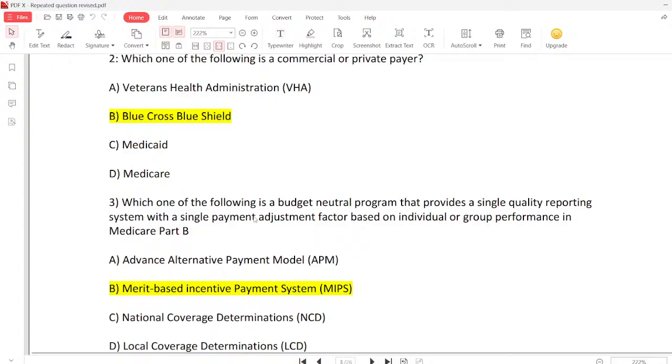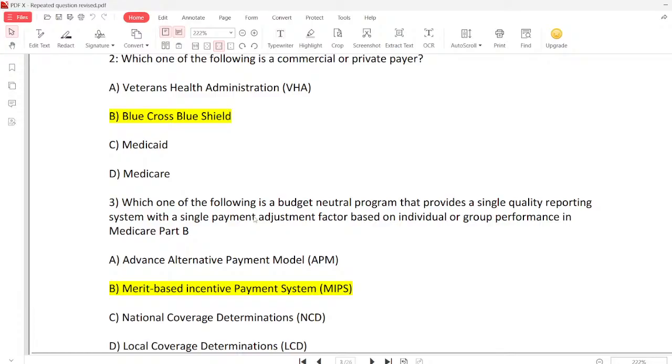So, Medicare Part B. Budget neutral program, single quality reporting system with a single payment adjustment factor based on individual or group performance in Medicare Part B. It is MIPS. This is the right answer. MIPS means merit based incentive payment system.